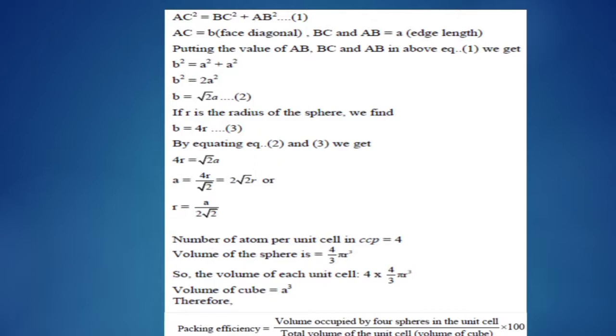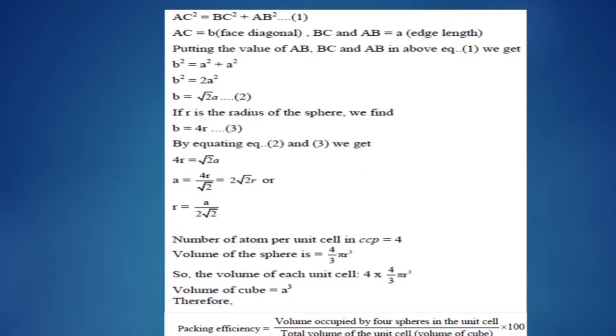BC and AB are the edge length a. Let us substitute in equation 1. We get b square is equal to a square plus a square, that is equal to 2a square. b is equal to square root of 2 a. If r is the radius of the sphere, then b is equal to 4r, that is r plus r plus r plus r. Therefore 4r is equal to square root of 2 a, or a is equal to 4r divided by square root of 2.